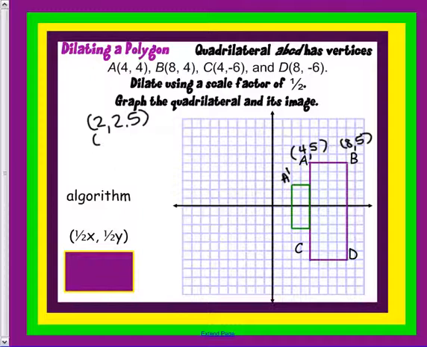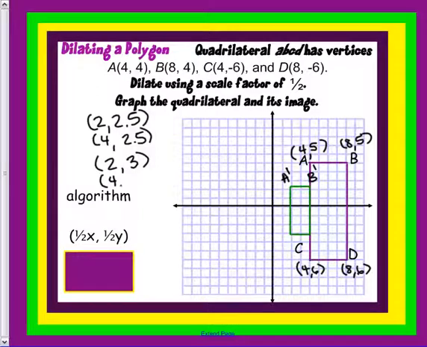It would become 4, 2.5. So this is B's image. C is at 4, down 1, 2, 3, 4, 5, 6. So it would become 2, 3. And 8, 6 would become 4, 3. So this would be D's image.